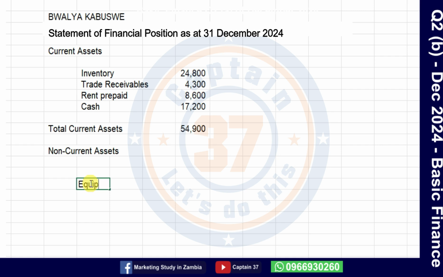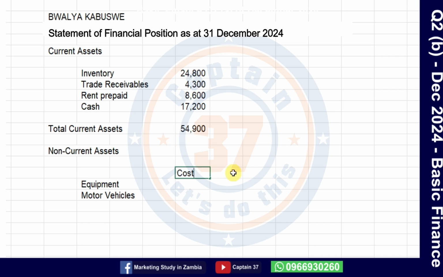Equipment, and then there is also motor vehicles. Now take note, we need to indicate the cost. Then we also need to indicate the accumulated depreciation.